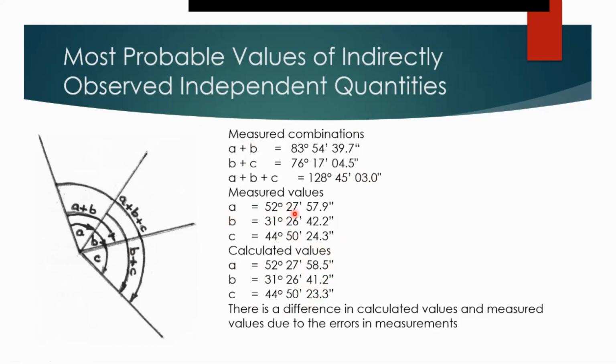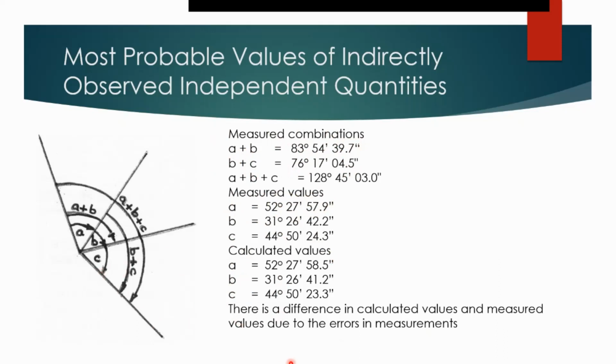The value for A with directly measured value differs from the calculated value for A. There is a difference in calculated value and measured value due to the errors in measurements. A plus B equals 83 degrees was also found with measurements, but A was also found with direct measurements. You can see that there is a discrepancy between the calculated ABC and the measured ABC. This is due to errors.